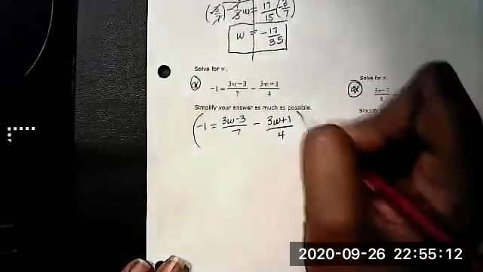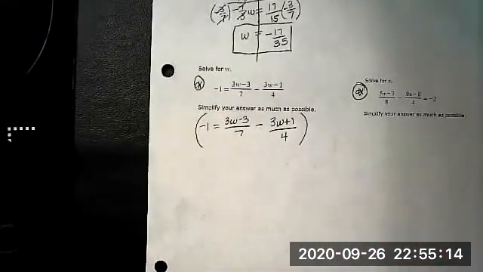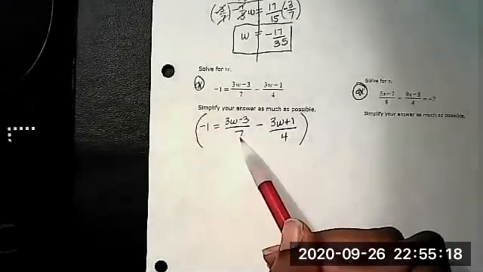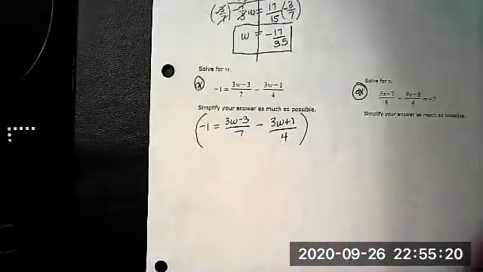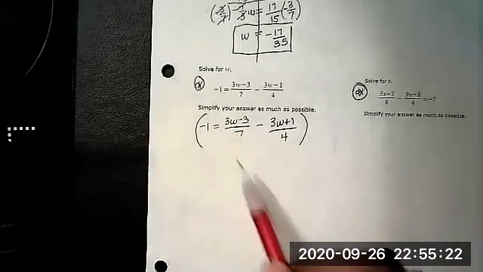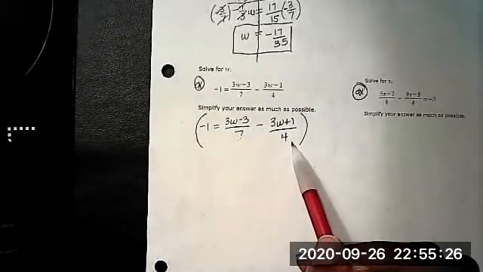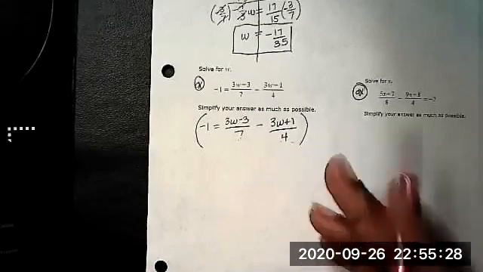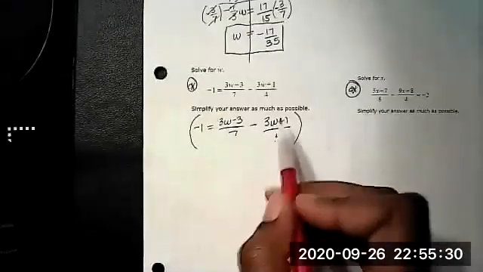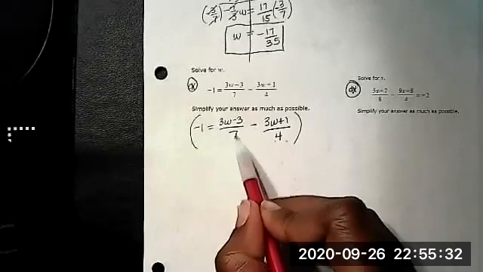What is the common denominator here? It looks like it's going to be 7 and 4, or 28. I would multiply 7 by 4. 7 times 4 is 28. I want to say that's the LCD there.